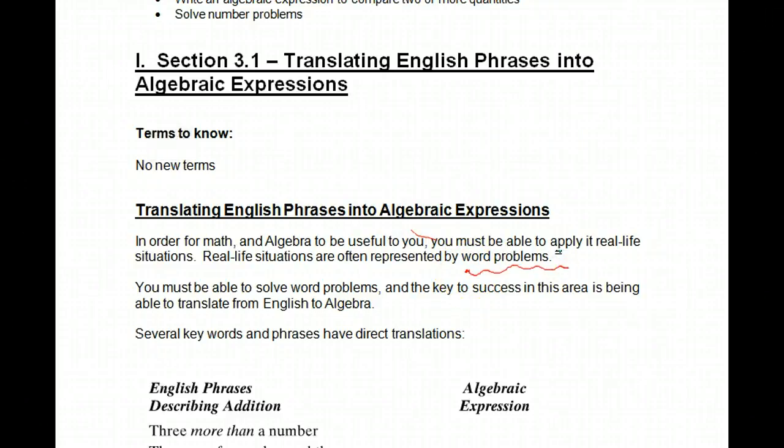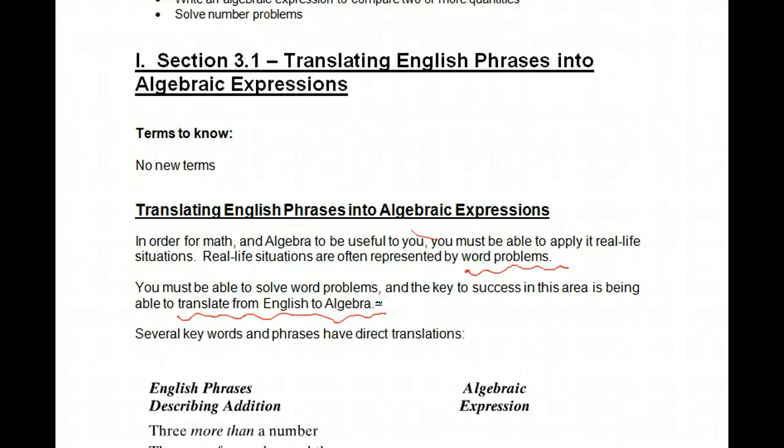So with that being said, you must be able to solve word problems, and the key to success in this area is being able to translate from English to algebra.